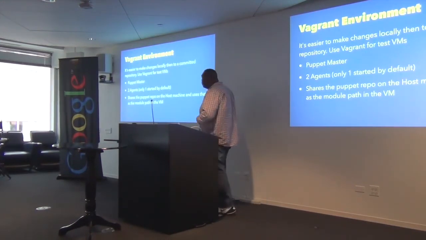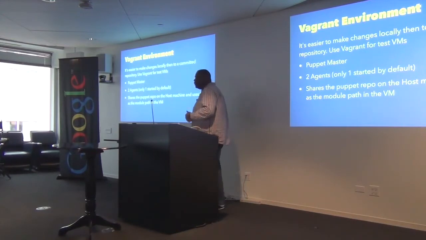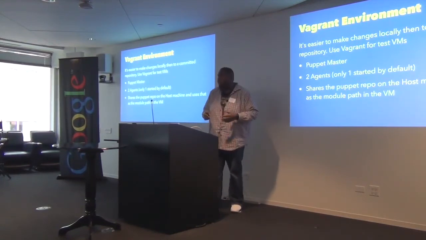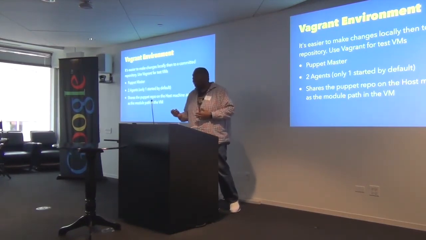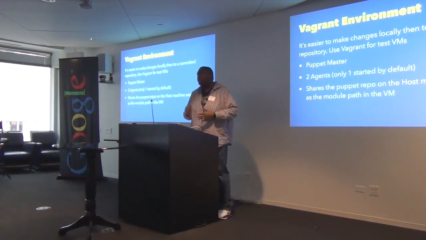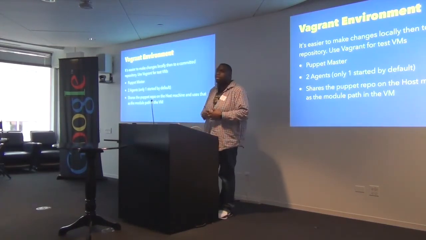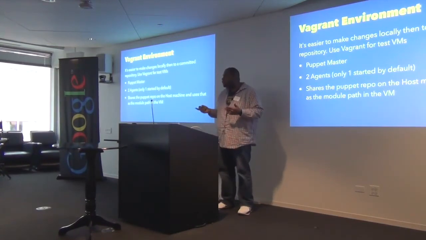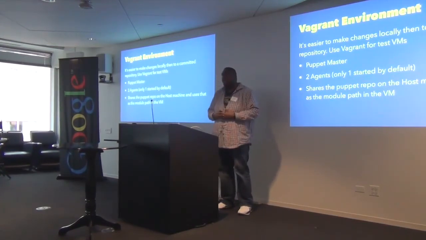Our Vagrant environment. We leverage Vagrant heavily, and it's part of our local development process, right? So we have a Vagrantfile that we all contribute to, we make changes to, and we store it in our code repository, separately from our Puppet code base. But the Vagrantfile basically produces a Puppet master and 2 agents, only one is started by default for resource reasons.